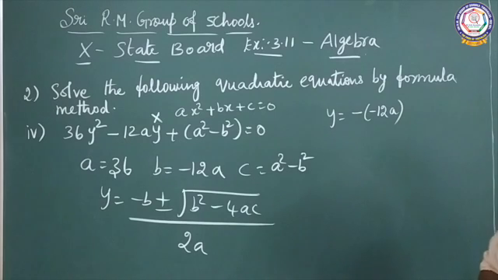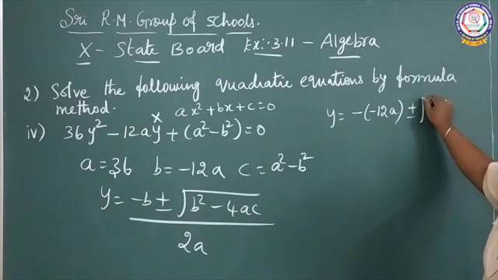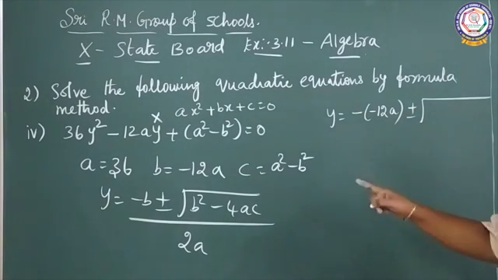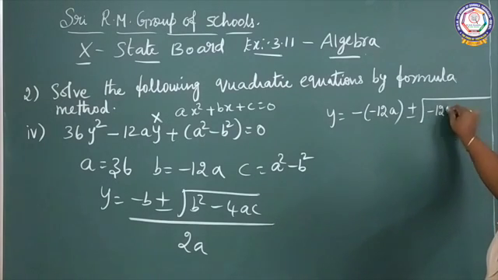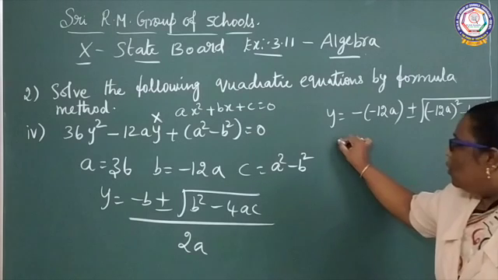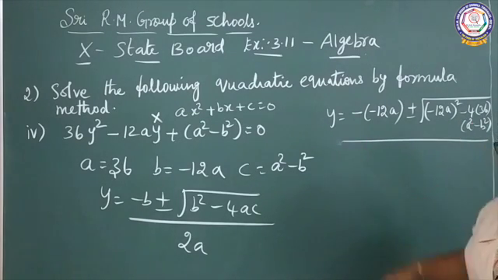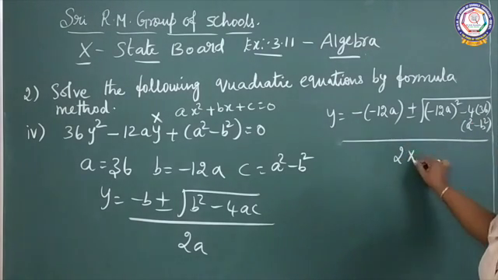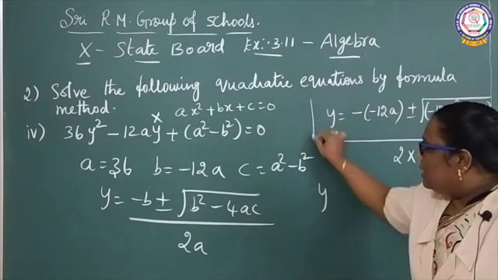So y equal to minus of minus 12a plus or minus root of minus 12a the whole square minus 4 into a, which is 36, into c, which is a square minus b square, whole divided by 2 into a, which is 36.